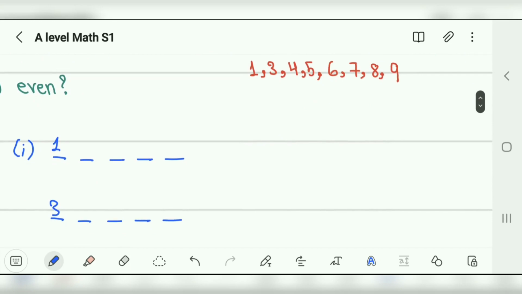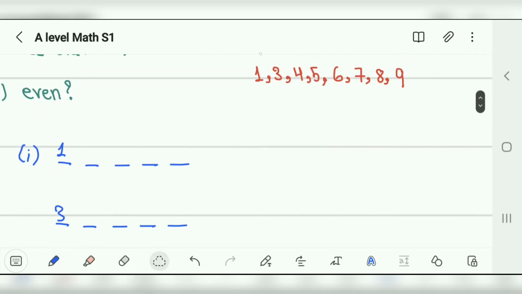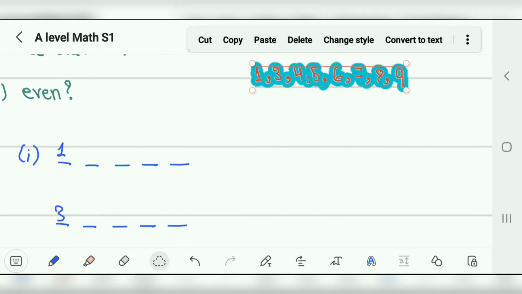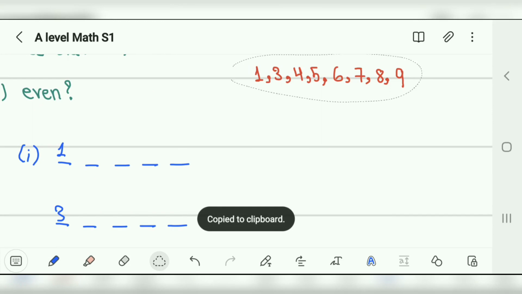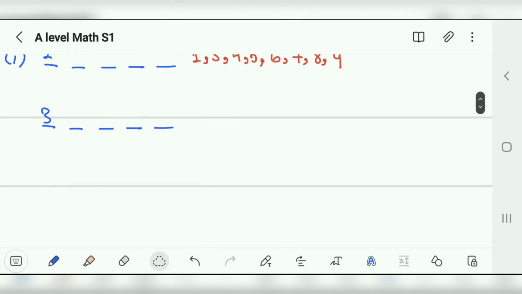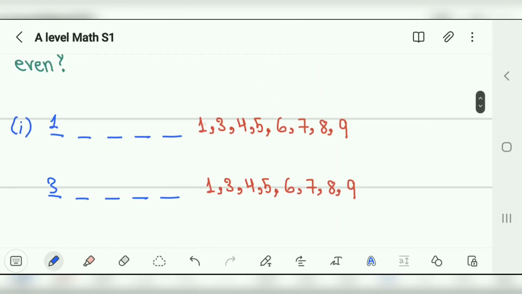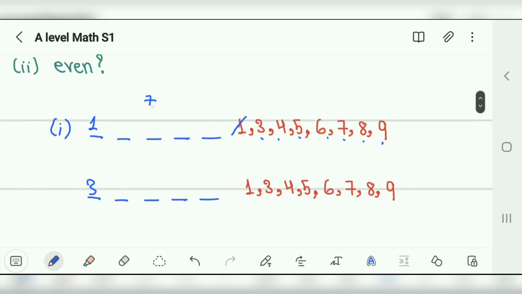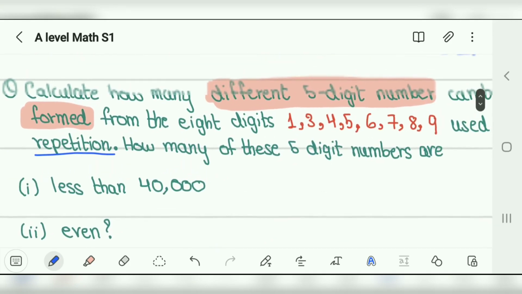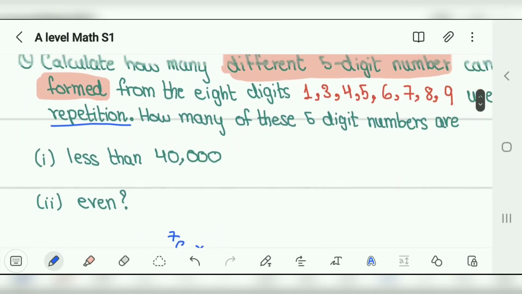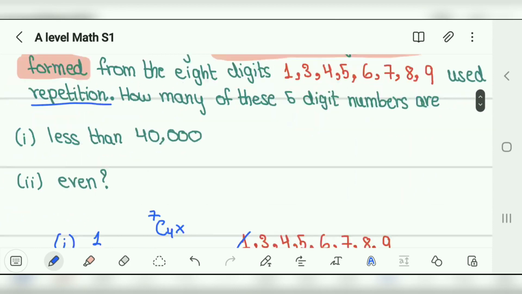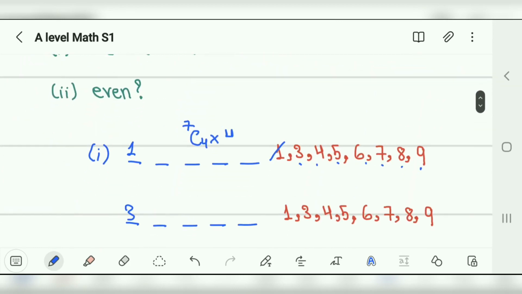So I'm going to put it in here, and then I'm going to put it in here. 1 is already taken, and the remaining are 7, which means 7C4. And then we have to make an arrangement in order to make so many different 5-digit numbers, so multiply by 4 factorial.